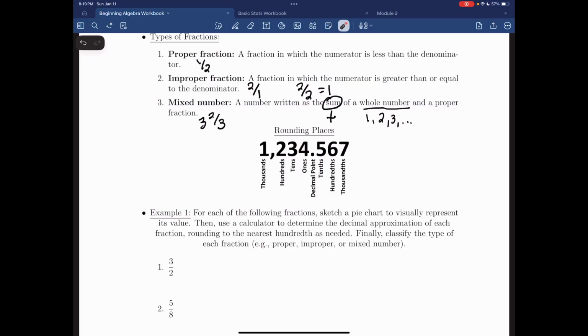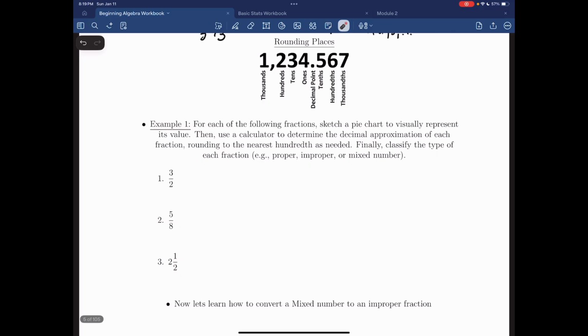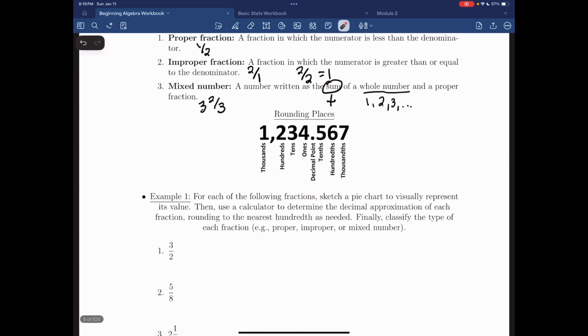So, for example, in these problems, you're going to be asked to round to the nearest hundredth place. So we're going to be asked to round to the nearest decimal place if possible. Now, sometimes you might not be able to. But if you get to the point where you have a decimal, we will round to the nearest hundredths place.